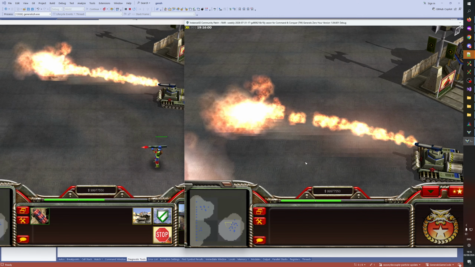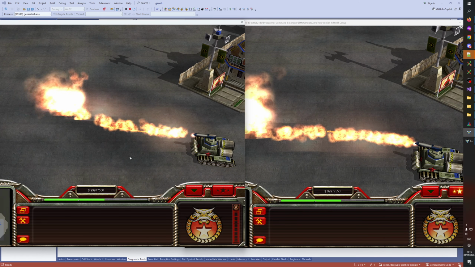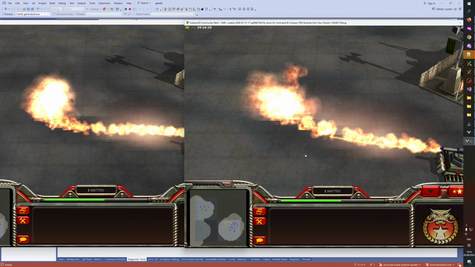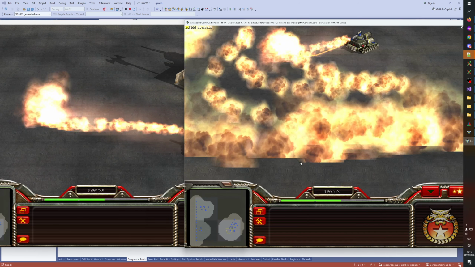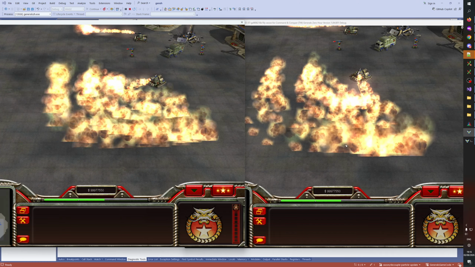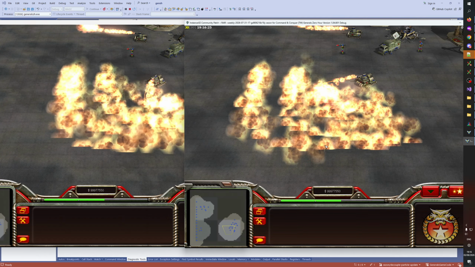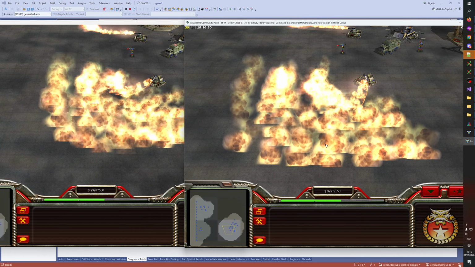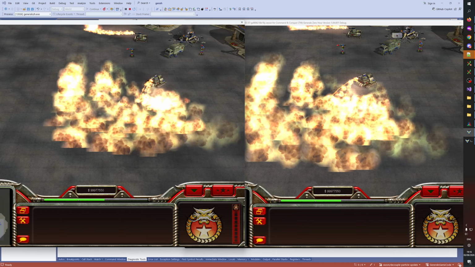So here we have some nice fire. Looks the same.